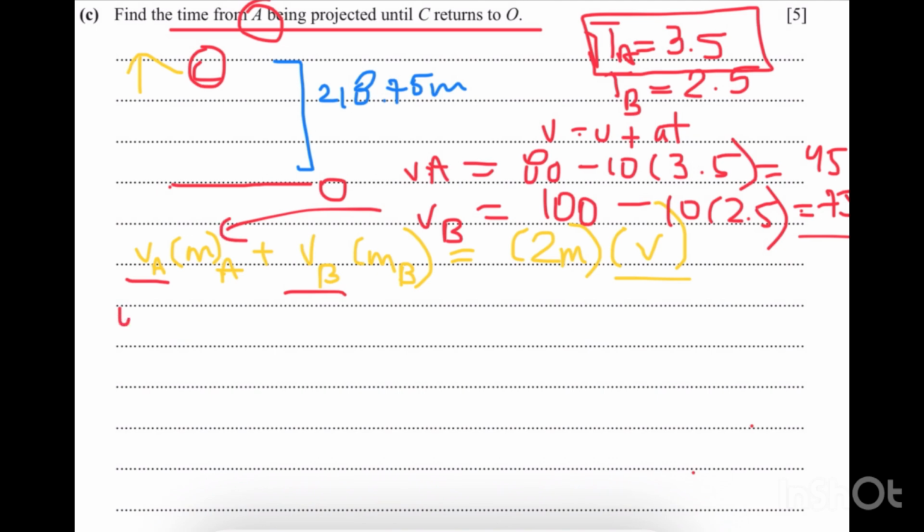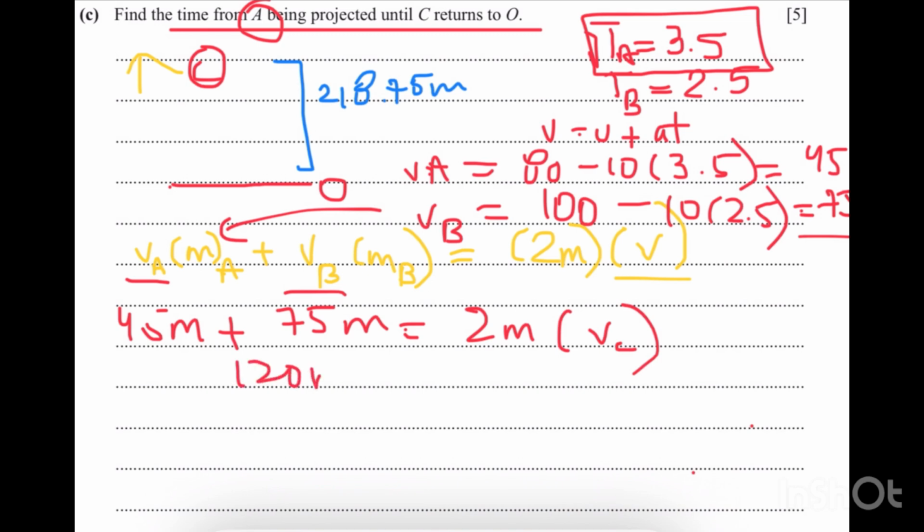So this becomes 45m plus 75m equals 2m times the final velocity of C. So 45 plus 75 is 120m, and this is 2m. Dividing by 2m on both sides, the m's cancel out.